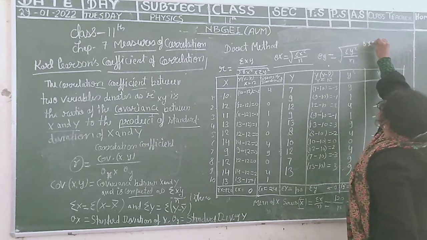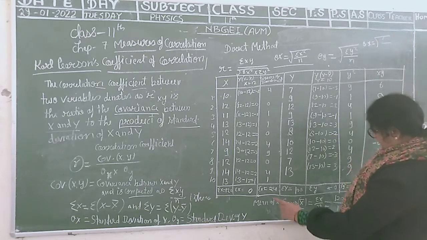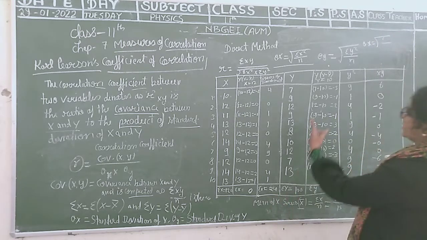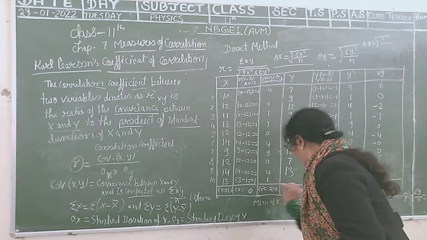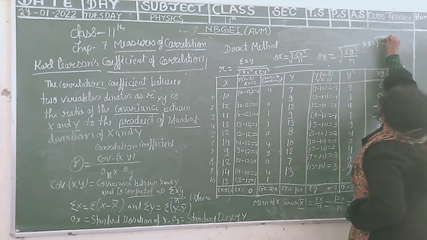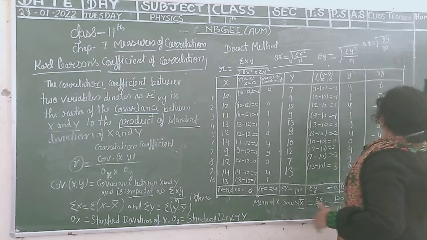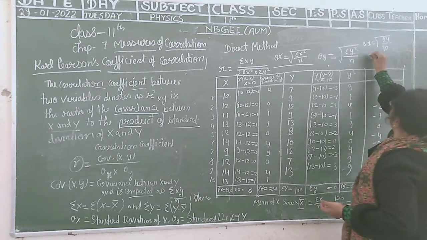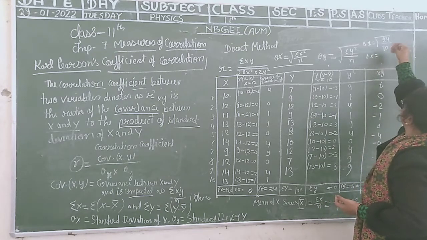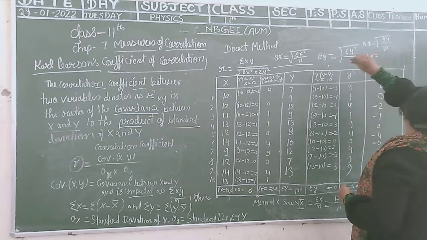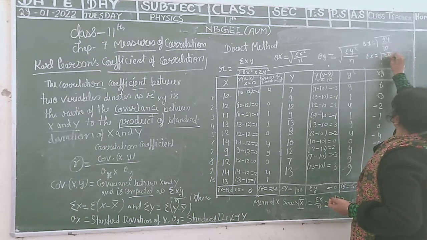Sigma x square, here is sigma x square. It means 24. Okay. 24 upon n, it means 10. Okay. And sigma x equals 24 upon 10.